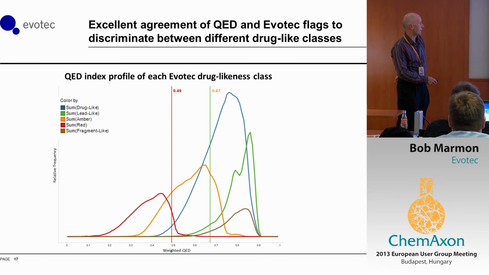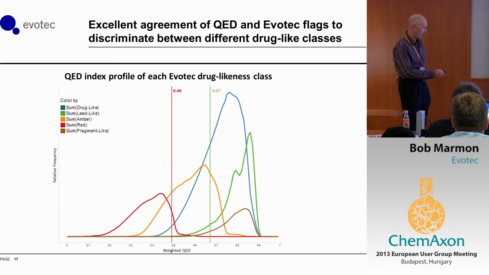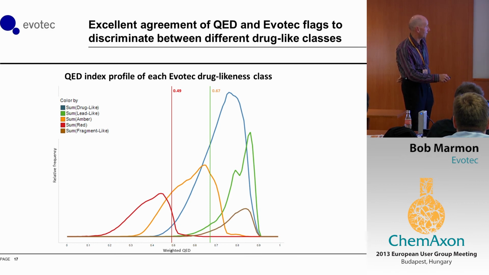This just shows the QED scores for the different Evotec drug likeness categories. You can see that the blue line, the drug-like category, lead-like, the green, and fragment-like are all falling in the good level. Amber is falling mainly in the middle categories, and red in the low.